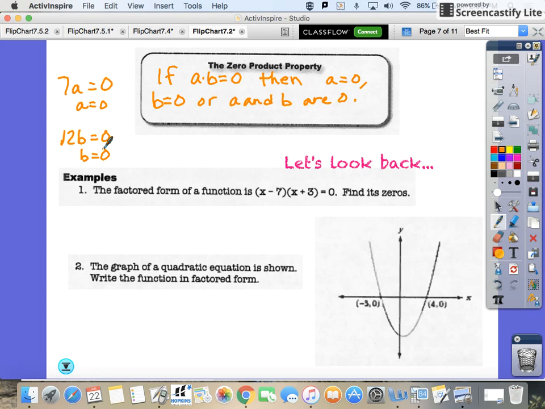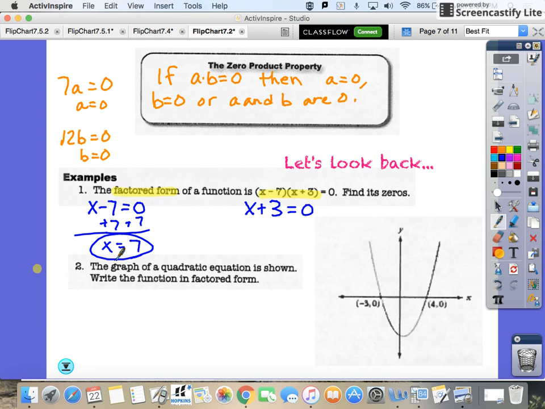The reason that's important is because when we get to these factored forms, when you have the factored form, x minus 7 times x plus 3, and that equals 0, we use the zero product property to solve for the x values, to solve for the roots. So what we would do is take x minus 7 and set it equal to 0, and we'd also take x plus 3 and set it equal to 0, because one of those two chunks must be 0, and solve.